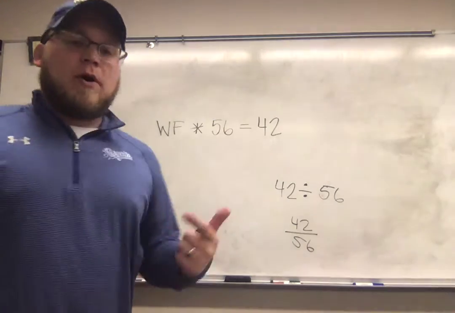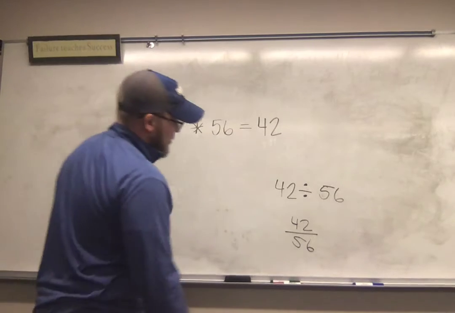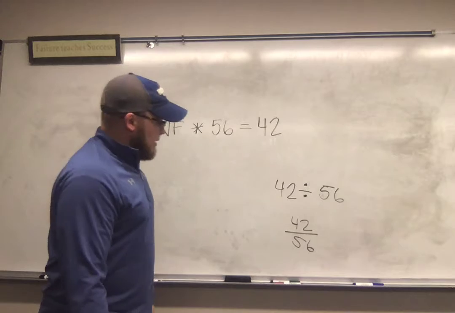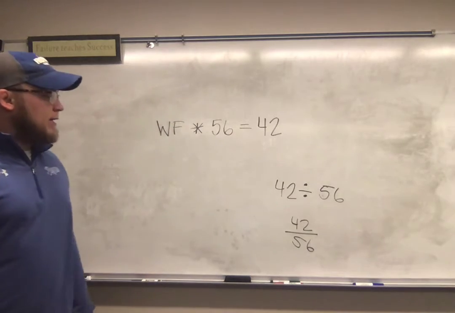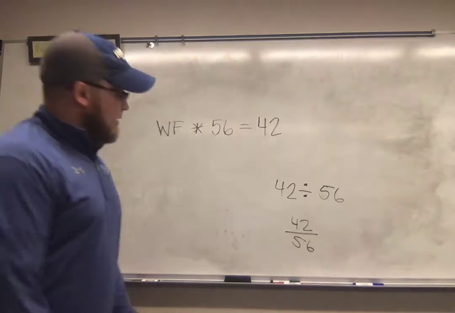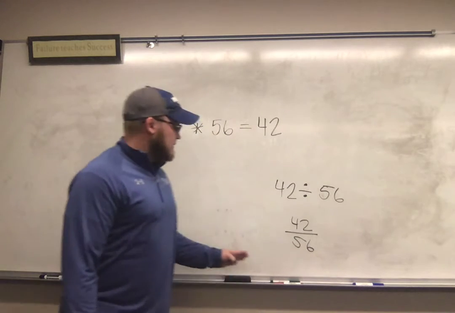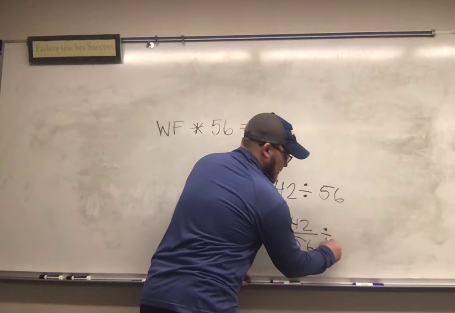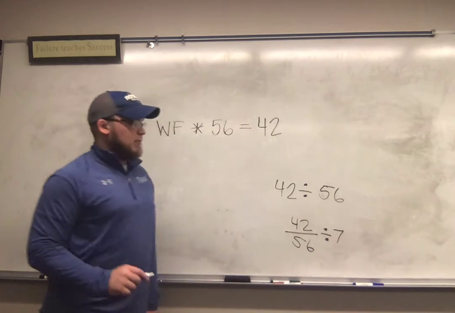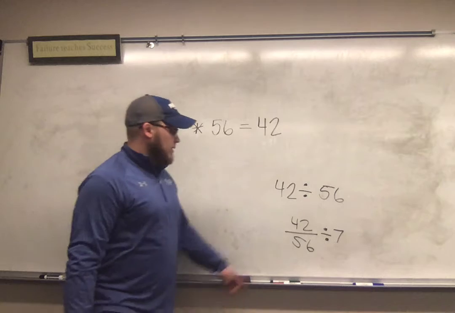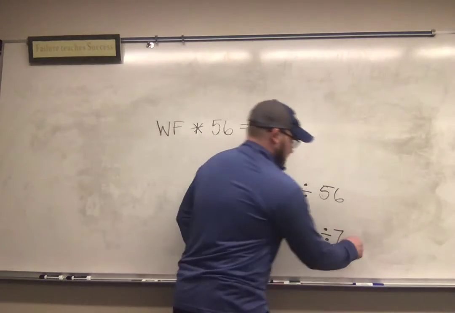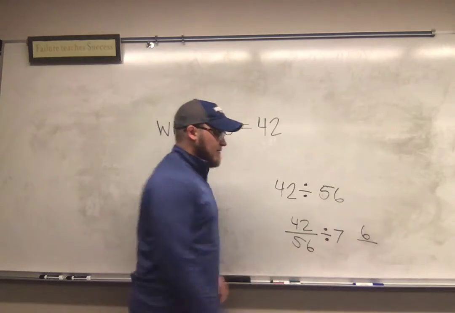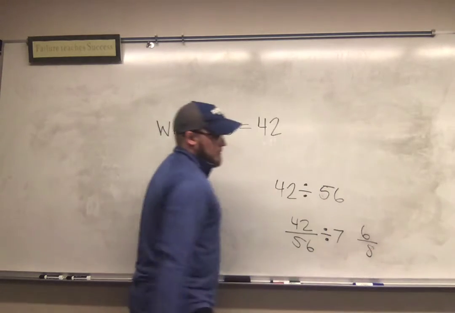But we want to get it reduced. So we could find a common multiple of 42 and 56, and the number 7 works. If you divide each number, 7 goes into both of them. 42 divided by 7 is 6, and 56 divided by 7 is 8.